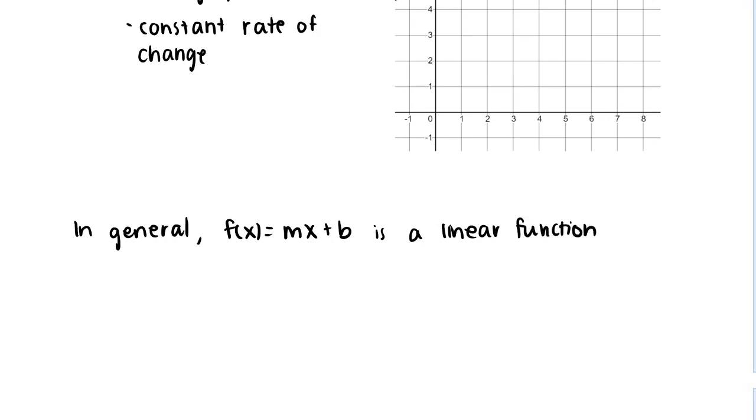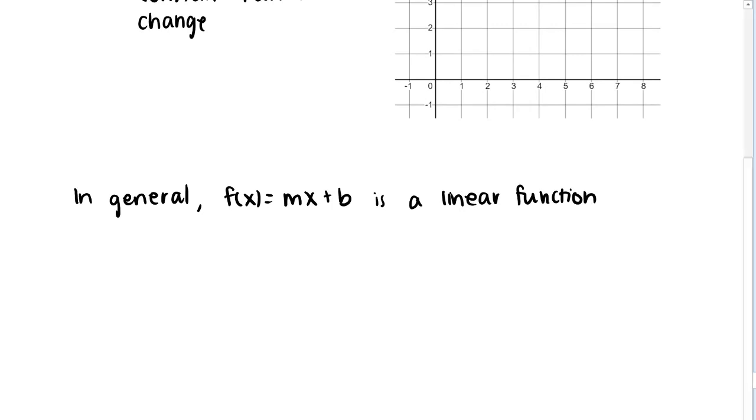There's some coefficient to our input variable. In the previous example, we saw that this represented the constant rate of change that's the same throughout our entire graph. That's the case for a linear function, and it's this coefficient of x, our input variable.